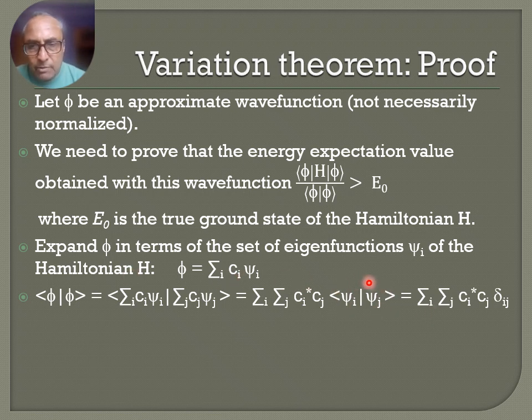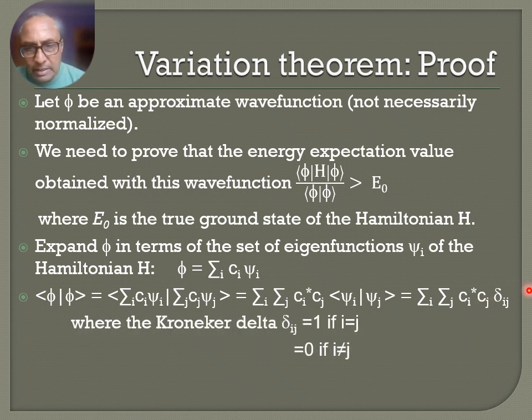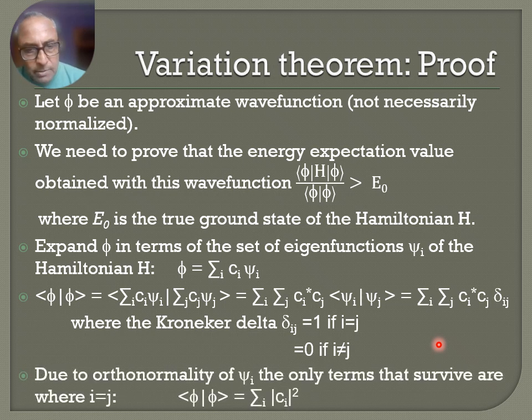But now, since psi i and psi j form an orthonormal basis, this is equal to sigma i sigma j ci star cj delta ij, where delta ij is the Kronecker delta, which is equal to 1 for i equal to j and equal to 0 for i not equal to j. Due to the orthonormality of psi i, the only terms that survive are where i equals j.